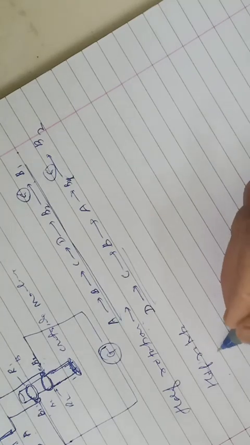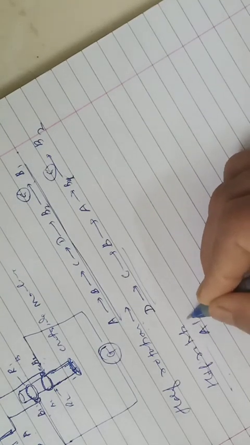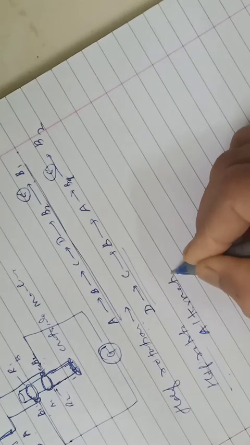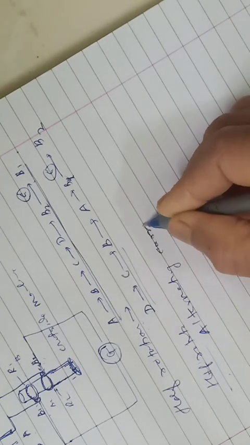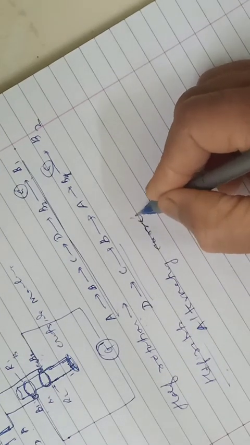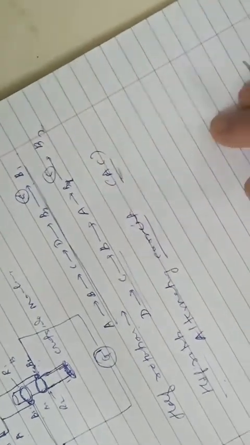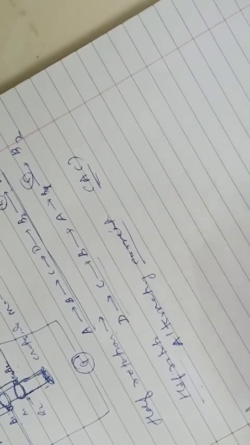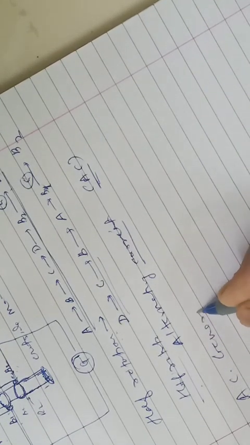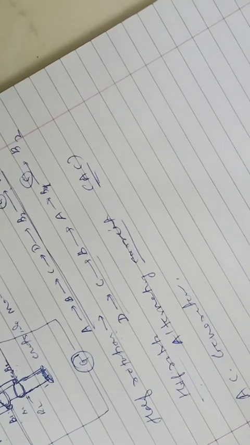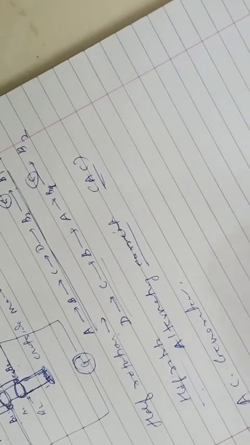That is why this current is called alternating current, AC, and this generator is called an AC generator.